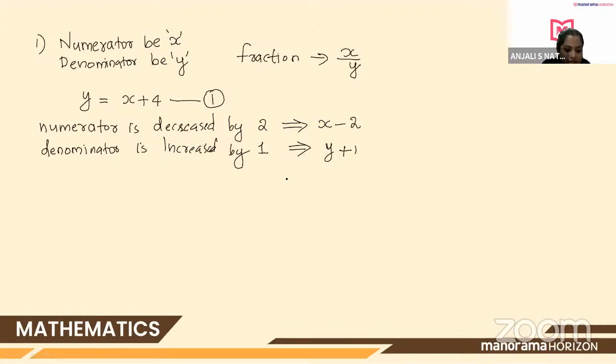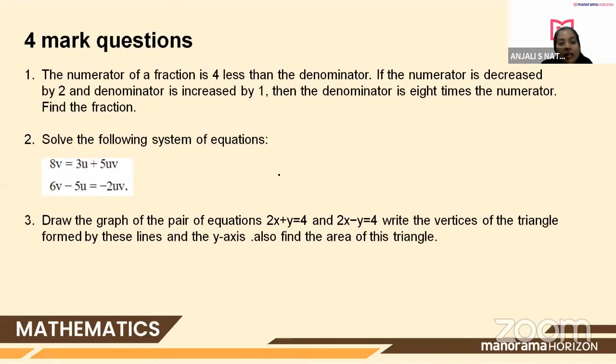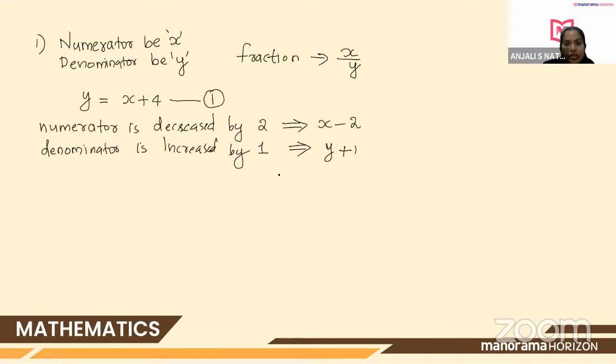And after that, the condition is that then the denominator is 8 times the numerator. So now the numerator is x minus 2 and the denominator is y plus 1.